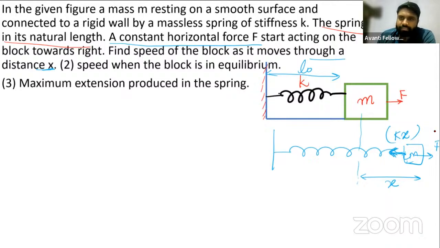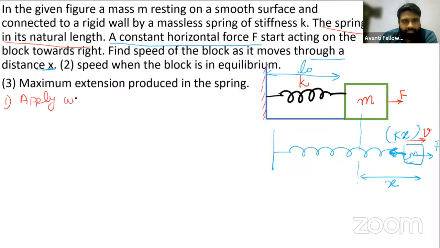Now, in this situation, let's say the velocity or the speed of the block is v. The speed of the block is v. Okay. So what we can do, we can apply the work energy theorem.